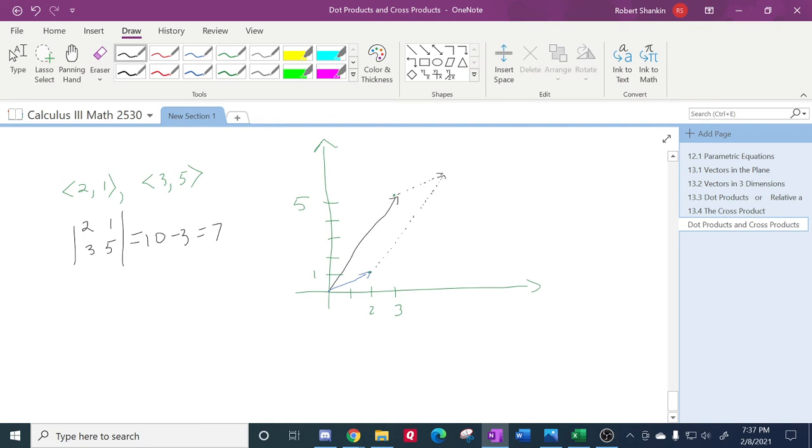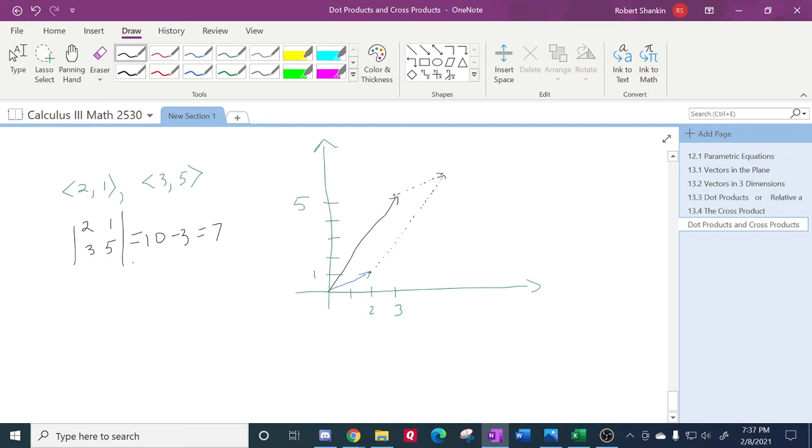Now, let's look at what's happening from another perspective. These 2 vectors were placed to make the 2 rows of the matrix, and then we took the determinant.